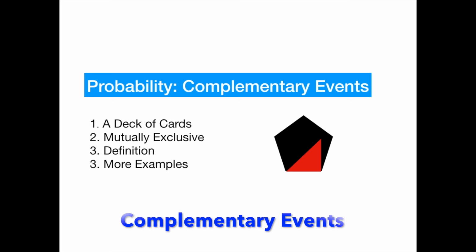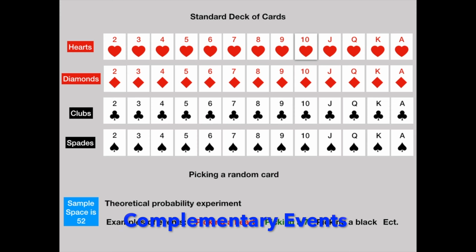In this section, we'll talk about the complementary events of probability experiments. First, let's talk about a standard deck of cards. In a standard deck of cards, there are 4 kinds of cards: hearts, diamonds, clubs, and spades. In each kind, there are 13 cards ranging from 2, 3, 4 to 10, and then Jack, Queen, King, and Ace.